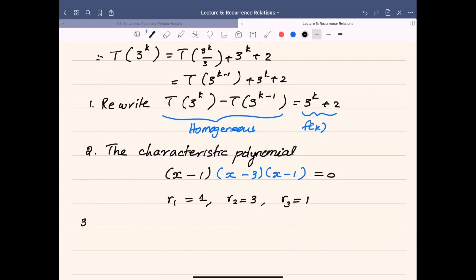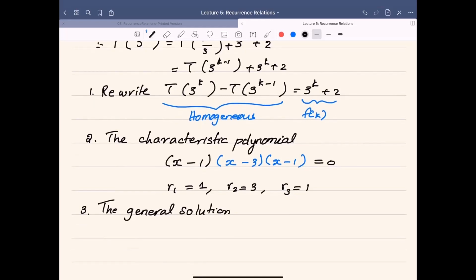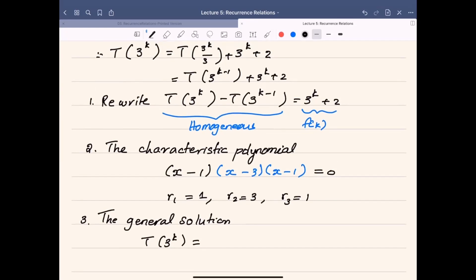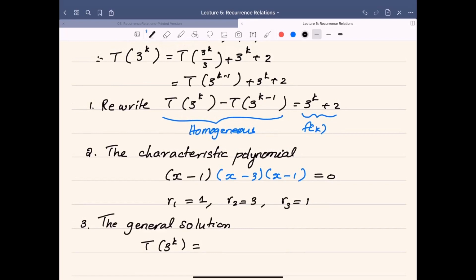Step number 3, the general solution. So the general solution is t 3 raised to power k. It is not tn, because we found the characteristic polynomial for this recurrence relation after we transformed it into a different form.